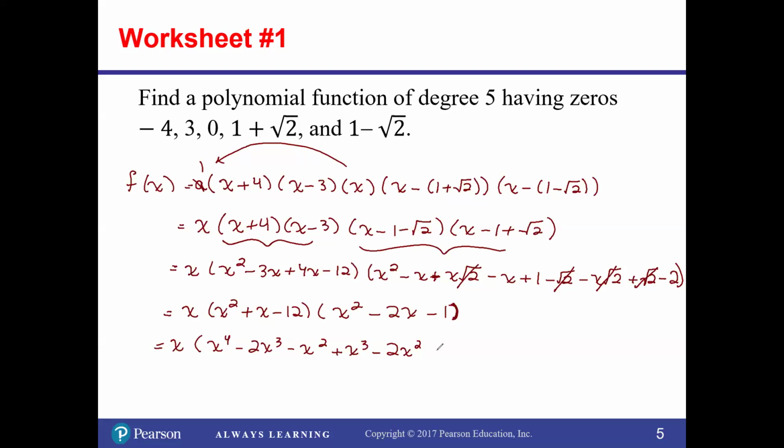X times -1 is -x. -12 times x squared is -12x squared. -12 times -2x is going to be plus 24x. And -12 times the -1 is going to be plus 12.